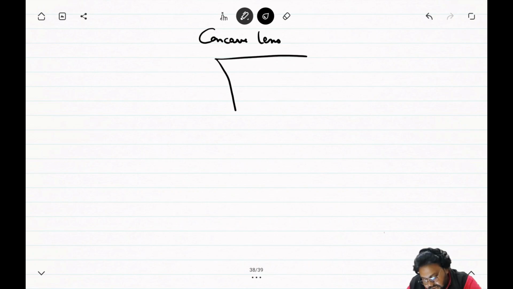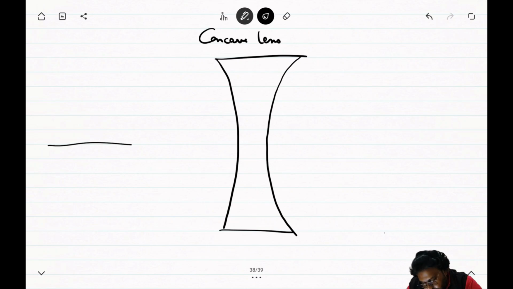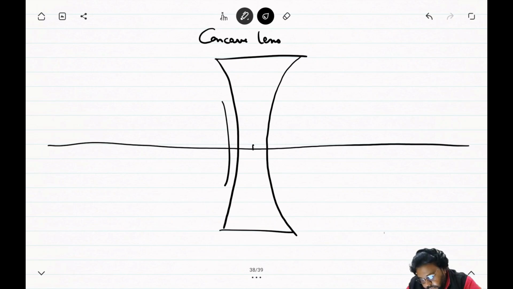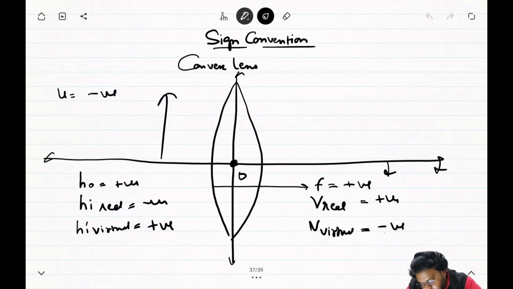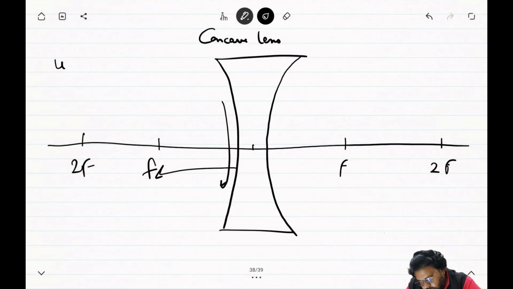Talking about the concave lens, see, this is a concave lens. This surface has F here. So U is always negative.